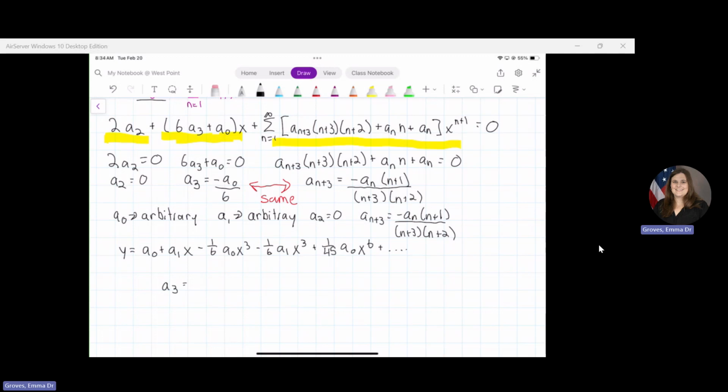A3 equals negative a_n, so that would be negative a0, and then 0 plus 1 is 1 over 2 times 3. So just using this equation. If I wanted to calculate a3, what's my n actually? Yeah. So on. Yep.